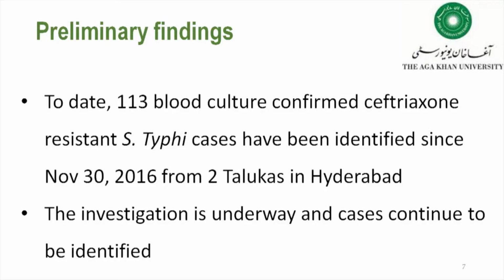So let's discuss the preliminary findings. To date, 113 blood culture confirmed ceftriaxone-resistant typhoid cases have been identified since November 30, 2016 from 2 talukas in Hyderabad. And let me tell you, a taluka is a sub-district, and depending upon the population density, the population ranges from 2.5 to 3 lakhs to 4-5 lakhs.